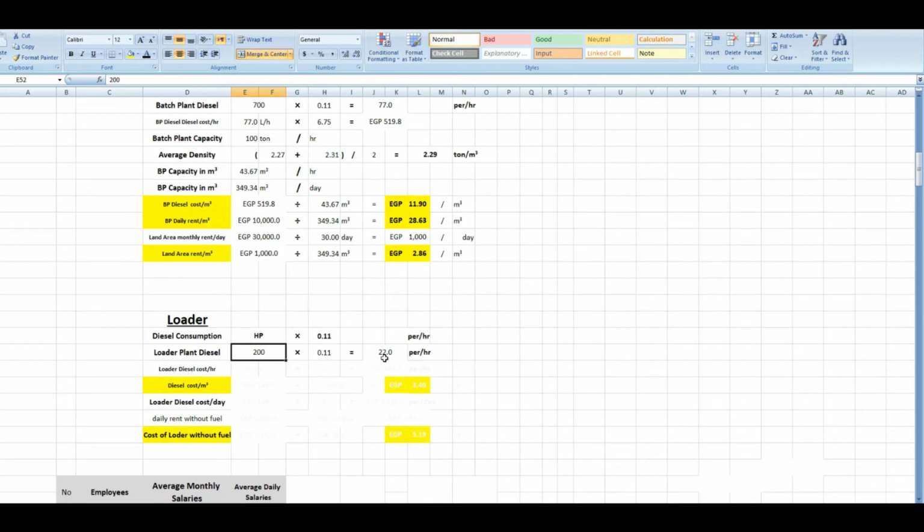It gives you 22 liters per hour. 22 liters per hour multiply 6.7, this is the unit price of diesel in Egypt these days. It gives you 148 something per hour equal 22 liter multiply unit price of diesel 148.